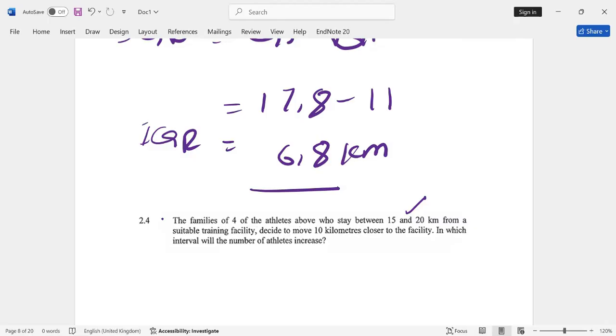In which interval will the number of athletes increase? All right, so we need to find out the number of athletes on which it increases.